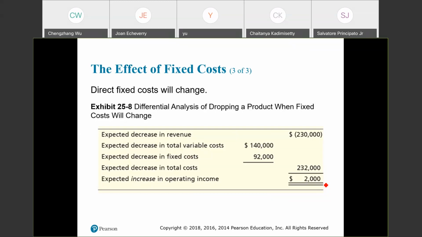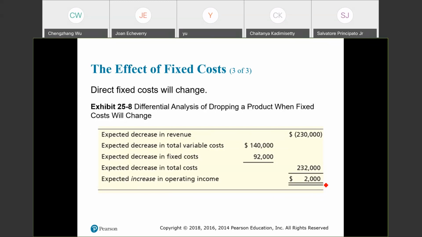So this amount of decrease in fixed costs should be considered relevant if the product line were dropped. This slide shows operating income will increase by $2,000 if the company drops the premium tablet.